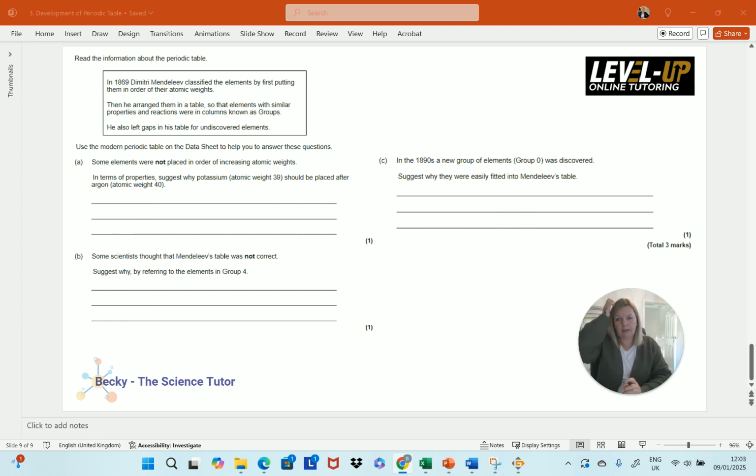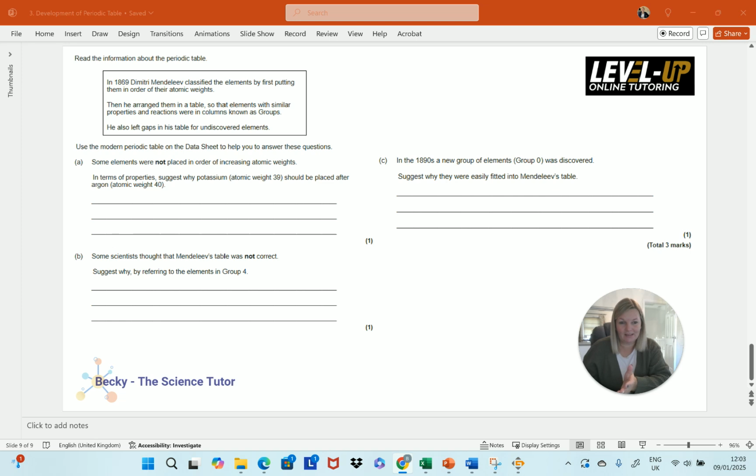Some elements were not placed in order of atomic weight. So in terms of properties, suggest why potassium, which is atomic weight 39, should be placed after argon, which is atomic weight 40. So in our periodic table we should have potassium and then we should have argon. However, if we put them that way, we've got potassium, a really reactive metal, in a group of non-reactive gases, and then we've got argon, a non-reactive gas, in a group of highly reactive metals.